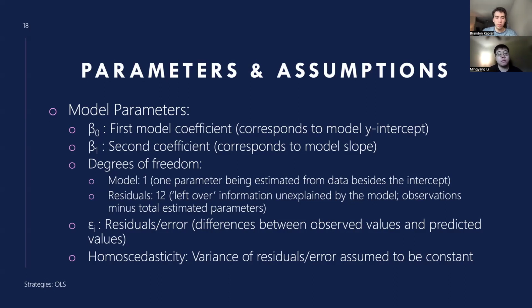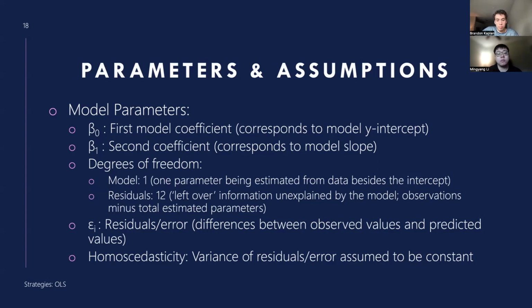For some major model assumptions, we've highlighted the epsilons, aka the residuals or errors. If you remember from our original equation that describes the linear model, we have a term at the end called the random error term, epsilon. These can be thought of as the differences between the observed values of AMD and the predicted values of AMD that the model believes AMD should take on when we give it a certain NVIDIA value.